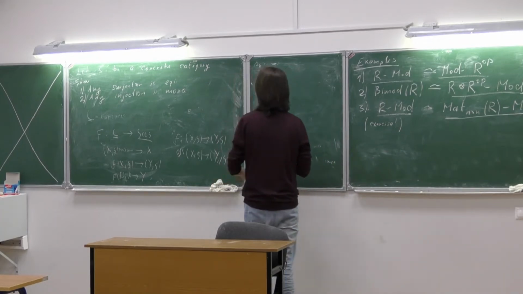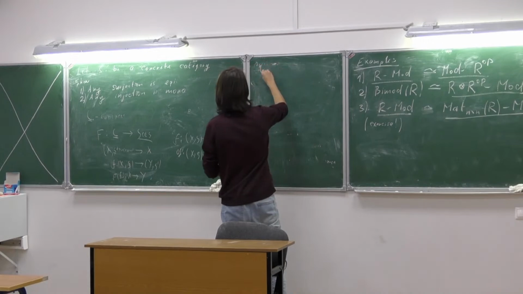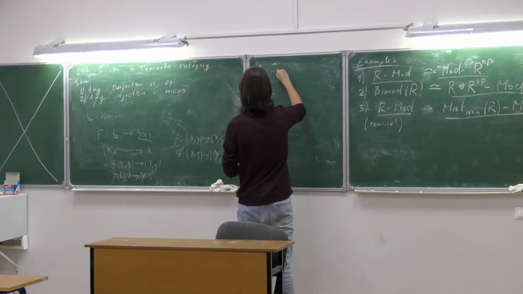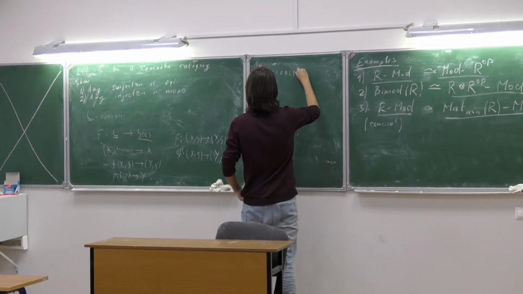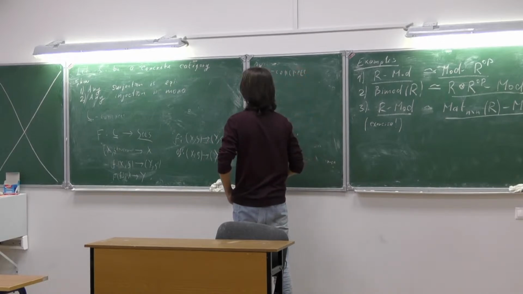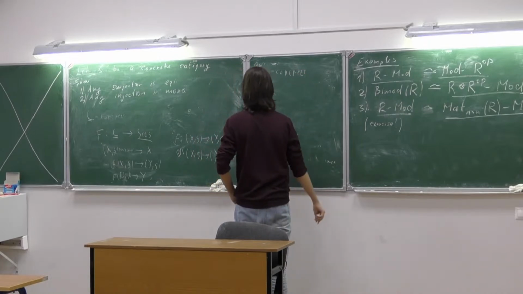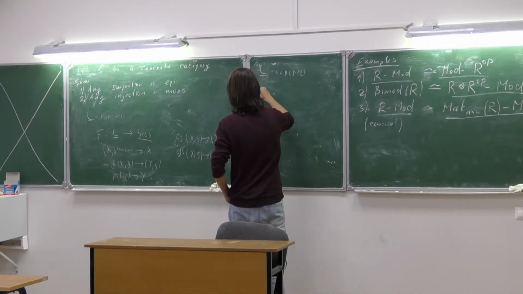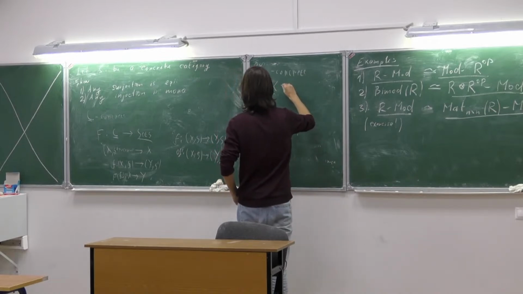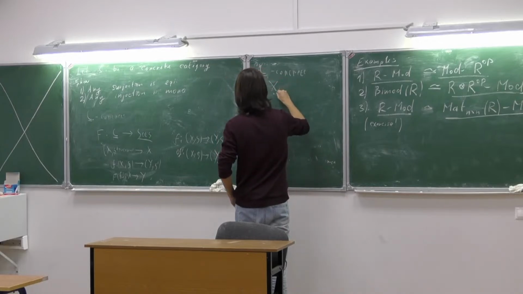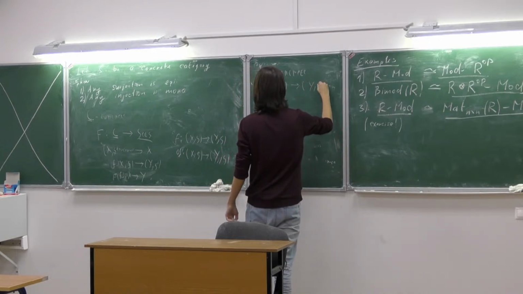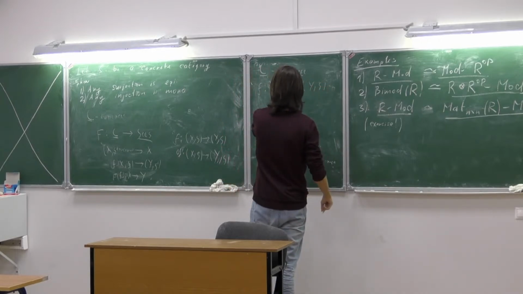So we want to show that in the underlying concrete category, surjection is an epi. So we have some f, and we know that maps between sets are surjections.